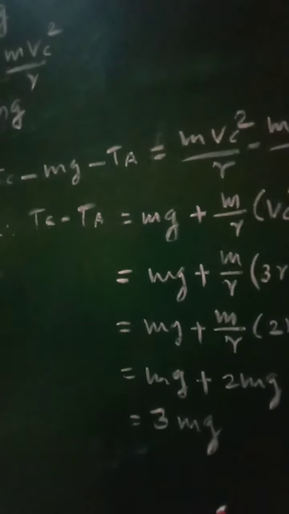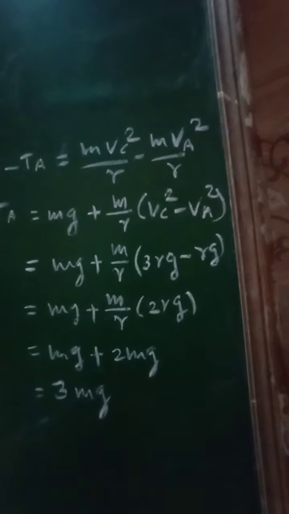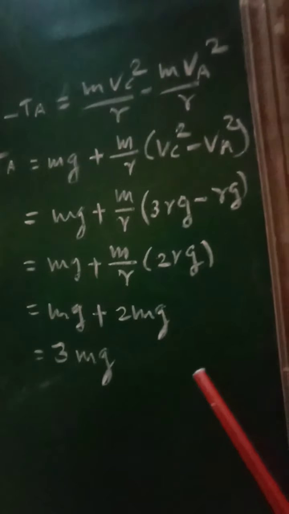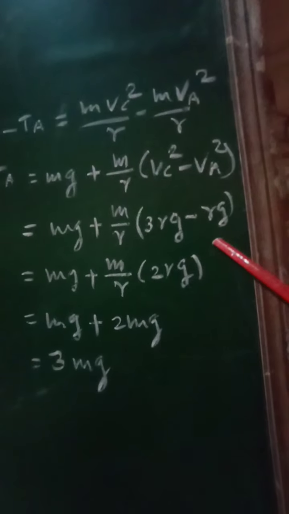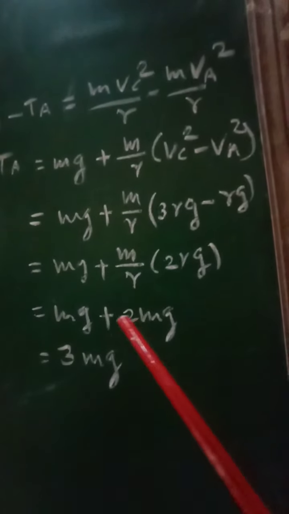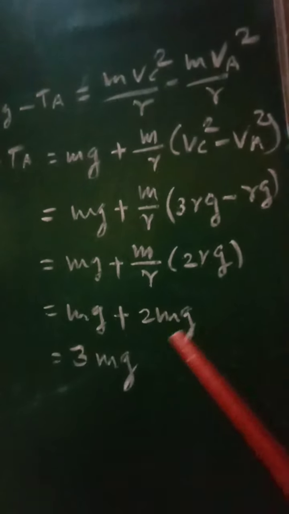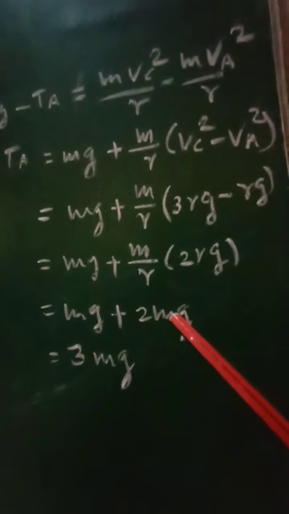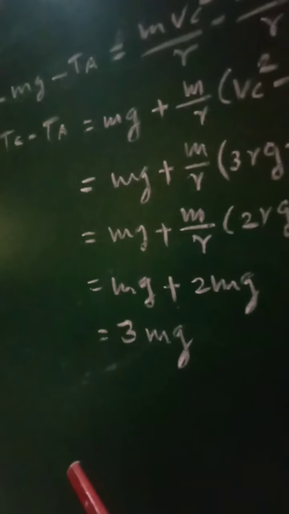Therefore TC minus TA equals mg plus m by r into Vc square minus Va square, which equals mg plus m by r into 3rg minus rg. This gives 2rg, and therefore mg plus m by r into 2rg gives mg plus 2 mg, which equals 3 mg. So TC minus TA is equal to 3 mg.